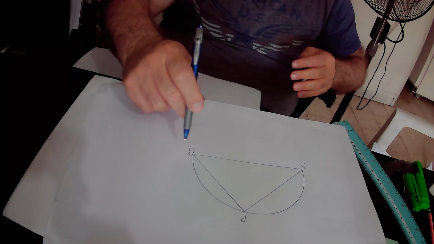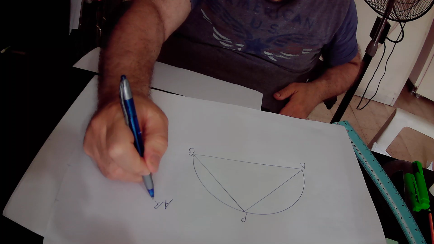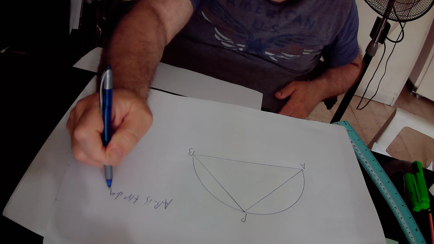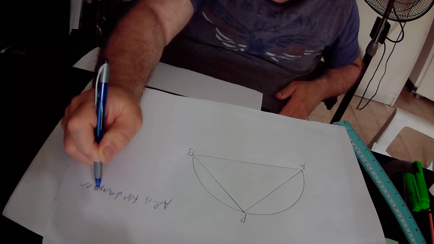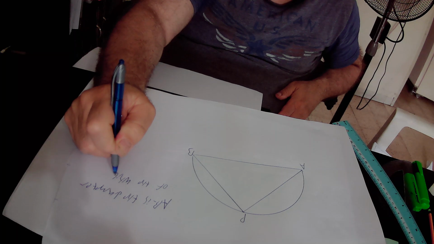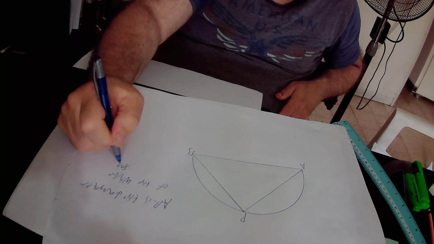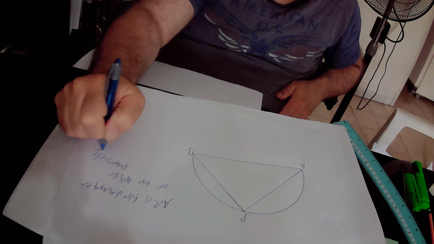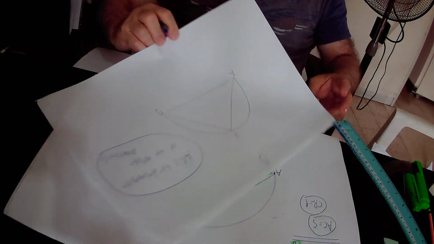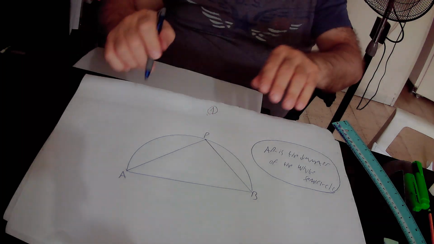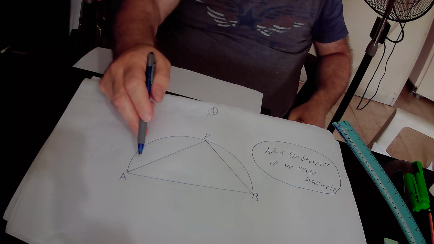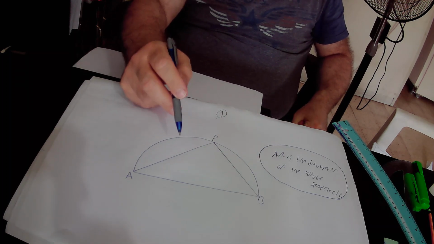AB is the diameter of the white semicircle, and we have peripheral angle APB that is subtended on AB, that is the diameter of the white semicircle.